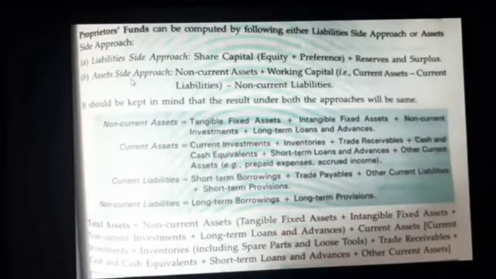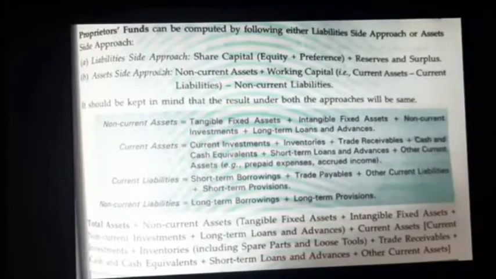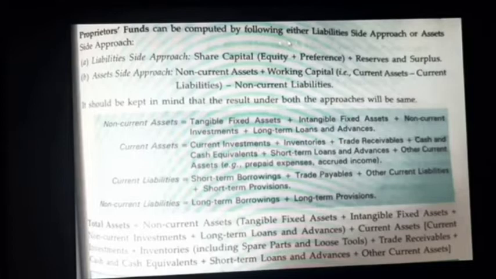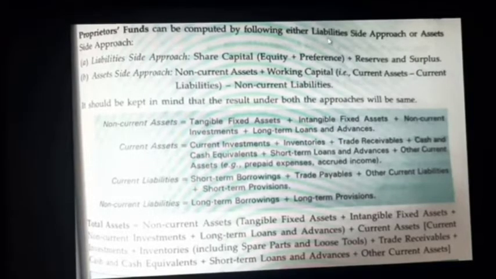Now to calculate the proprietary ratio, the proprietor's fund, you can apply two methods. The first approach is the liability side approach.